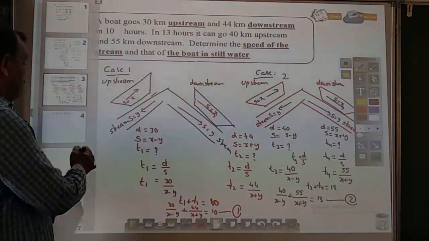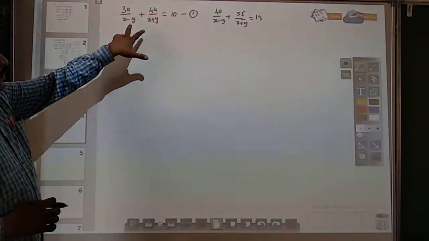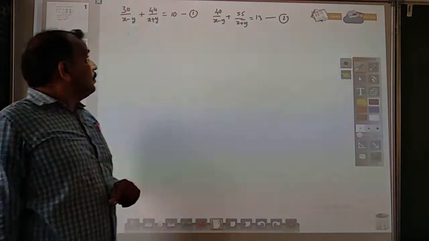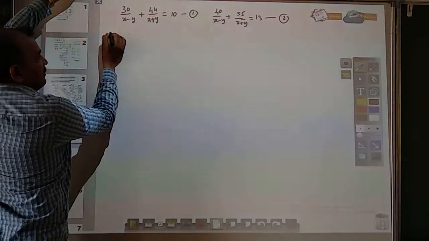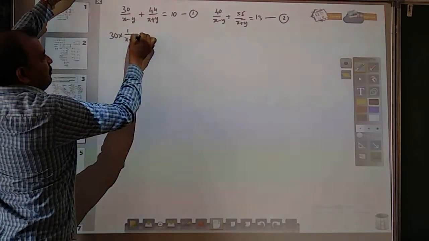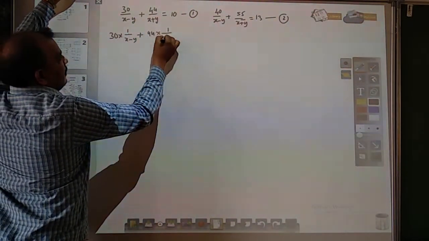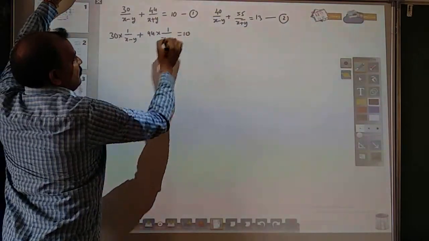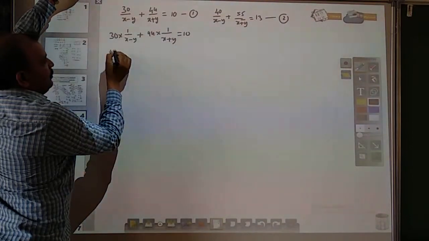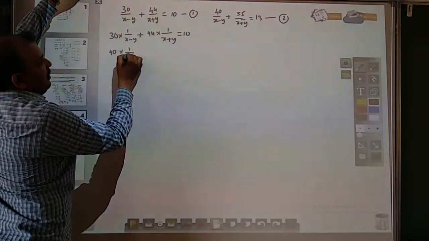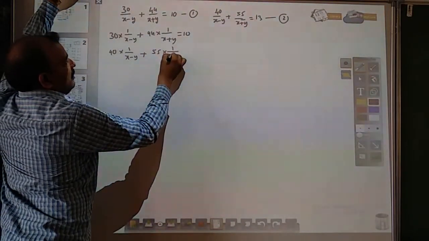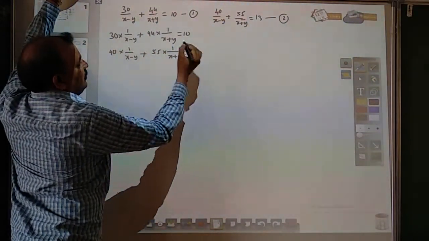Let us go to another page. So equation 1 and equation 2. This equation can be written as 30 into 1 by x minus y plus 44 into 1 by x plus y is equal to 10. And the other is 40 into 1 by x minus y plus 55 into 1 by x plus y is equal to 13.